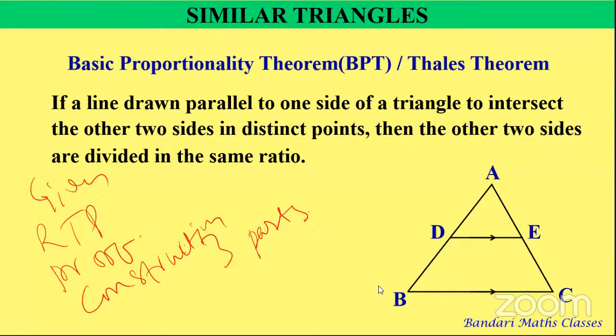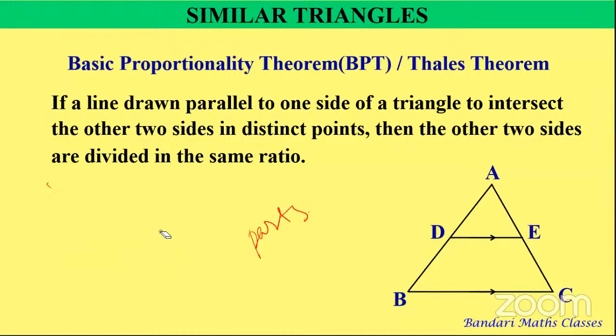What is given? In the triangle ABC, a line is drawn parallel to one side. That is given. If a line is drawn parallel to one side of a triangle to intersect the other two sides in two distinct points.